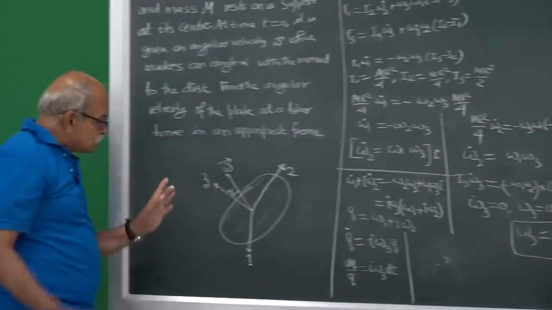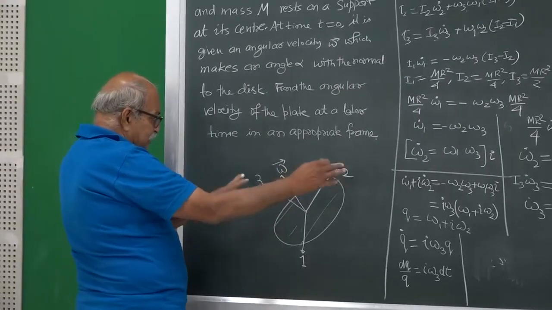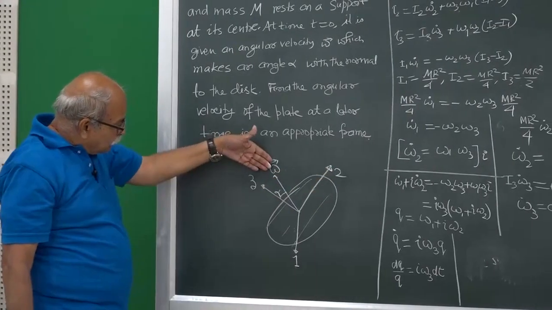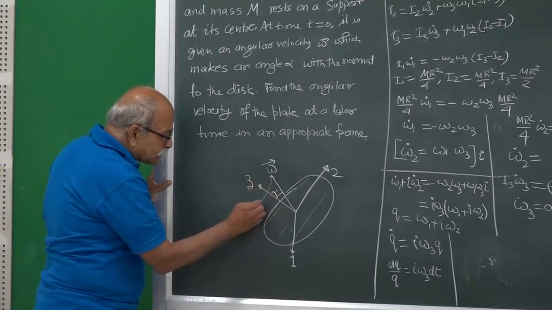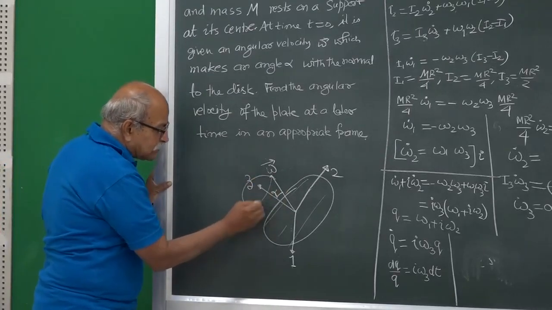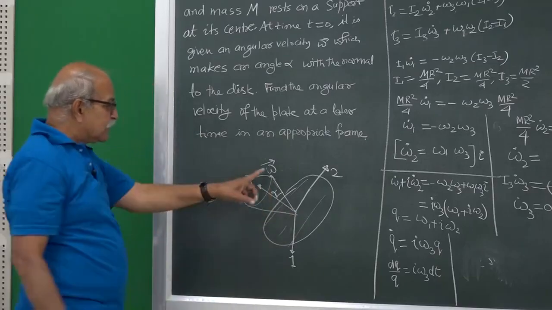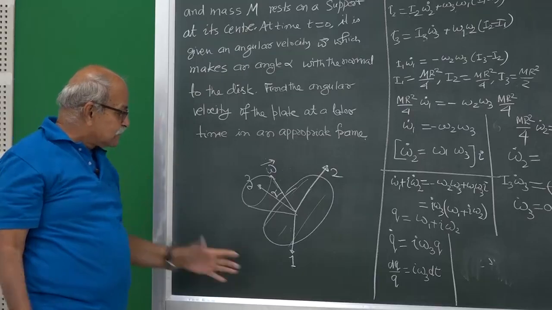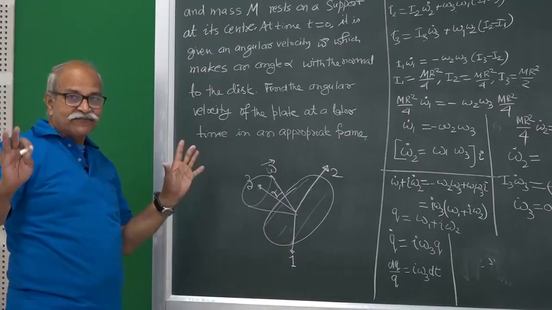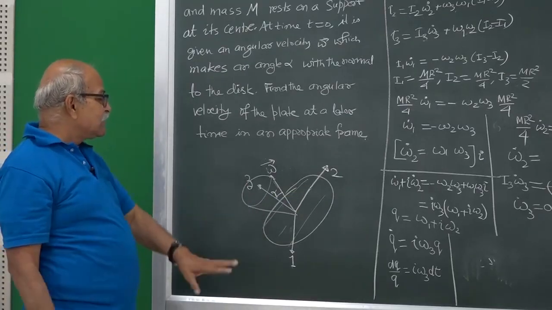So, if I look in this principal axis frame, this omega vector is rotating, it is going in a cone. The tip of this is going in a cone, because in our frame we consider 1, 2, 3 as the axes, and the entire motion is described in that frame.